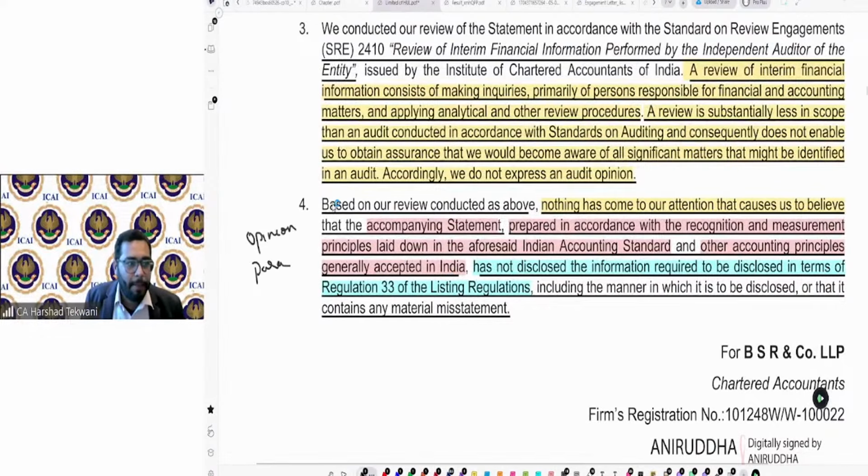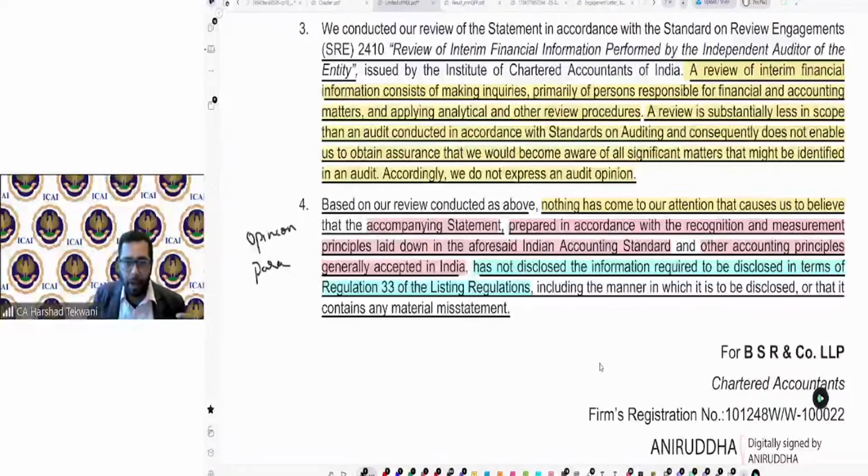What it says is that, based on our review conducted as above, nothing has come to our attention that causes us to believe that the accompanying statement, prepared in accordance with the recognition and measurement principles laid down in Ind AS and other principles generally accepted in India, has not disclosed the information required to be disclosed in terms of Regulation 33 of the Listing Regulations, including in the manner in which it is required to be disclosed, or that it contains any material misstatement. Although there is a slight change in the wording, the reason is that it's a case of SRE 2410.